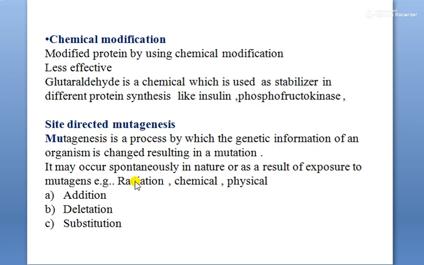What are mutagens? Radiation, chemicals and physical agents. Mutation can occur naturally or by artificial methods through exposure to mutagens like radiation, chemicals, physical methods, etc. In mutation there are three processes: 1 addition, 2 deletion, and 3 substitution, right?